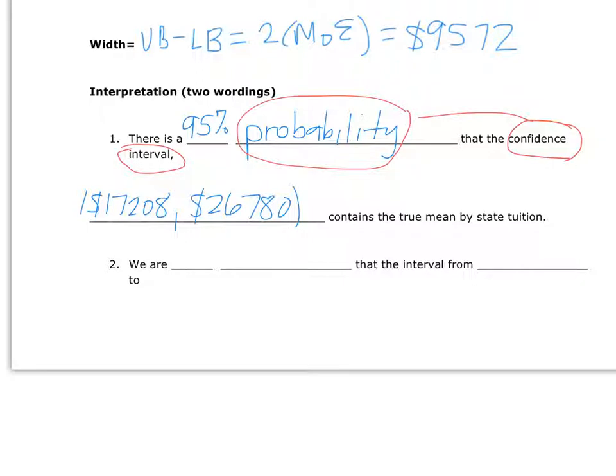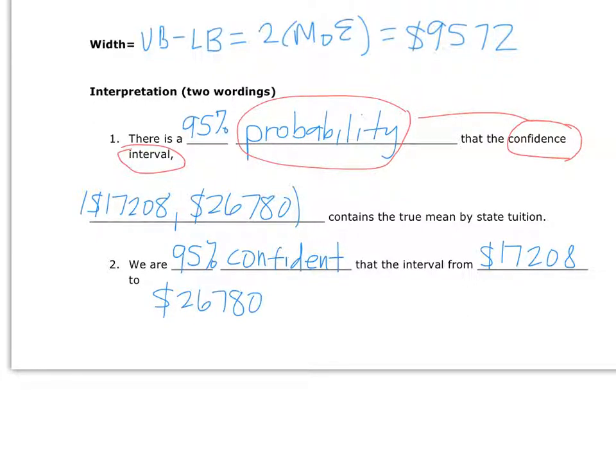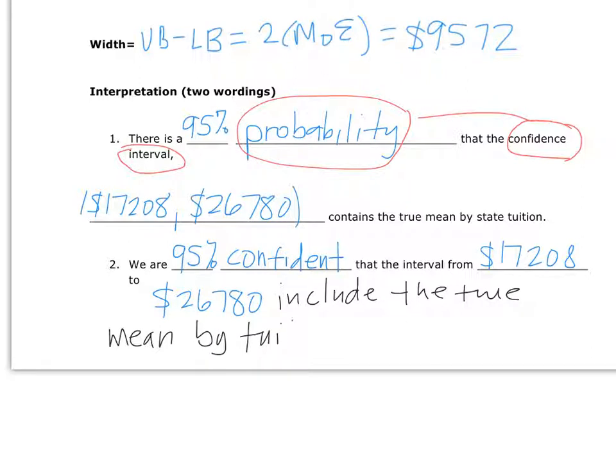Another way to interpret a confidence interval is to say that we are 95% confident, actually use that word confident, that the interval from, in this case, 17,208 to 26,780 includes the true mean out-of-state tuition.